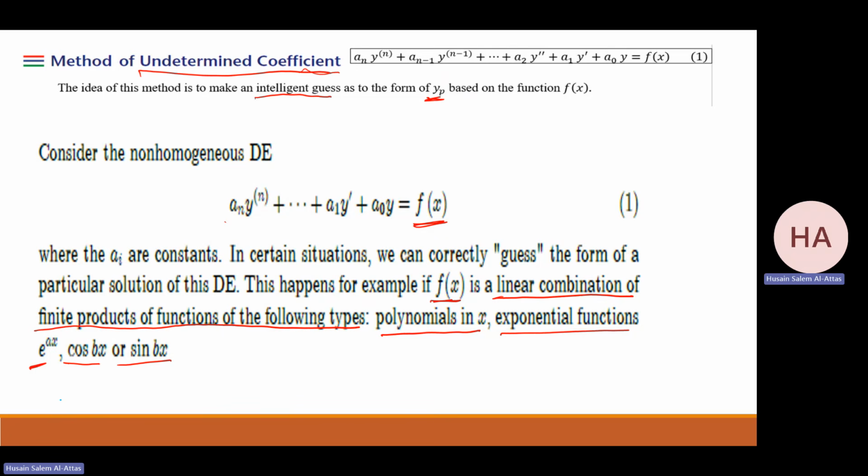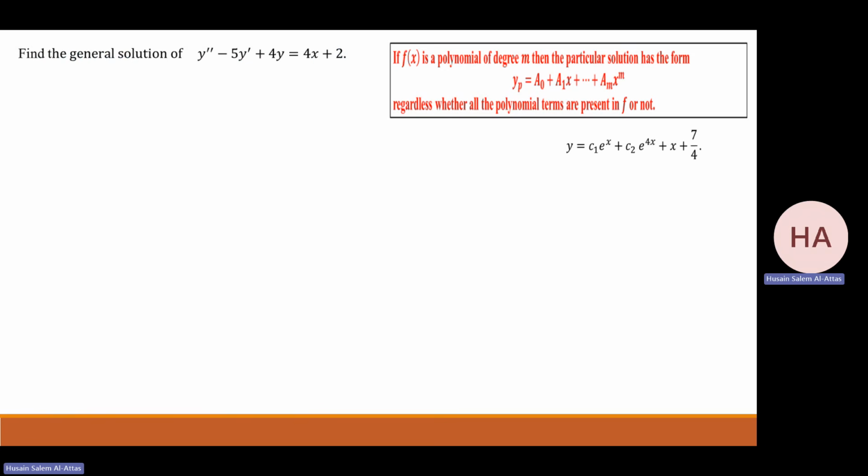If I have a product of these functions, then I can do undetermined coefficients. And the main thing in this method is how to guess yp. Let me do it by an example.